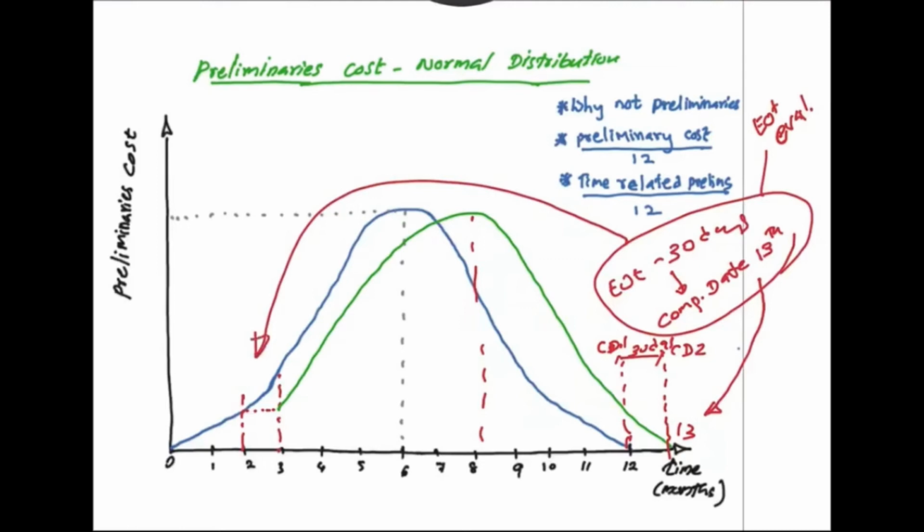Therefore, an EOT evaluation always has two different things: one is the number of days that the delay occurred, and the other is the new date of completion for the project.